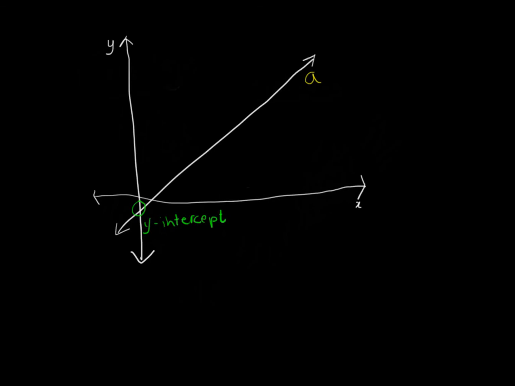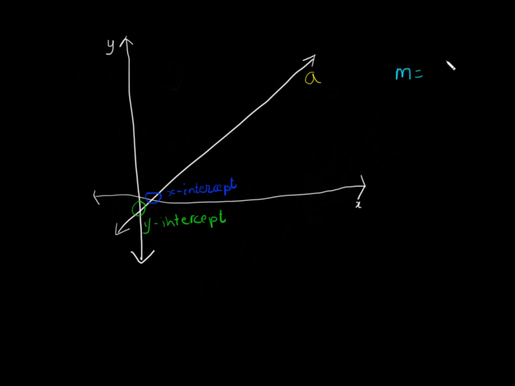And the part where the line cuts the x-axis, which is this part here, that is known as the x-intercept. And then of course we have the gradient of the line. The gradient of the line I'm going to be representing with the letter M.